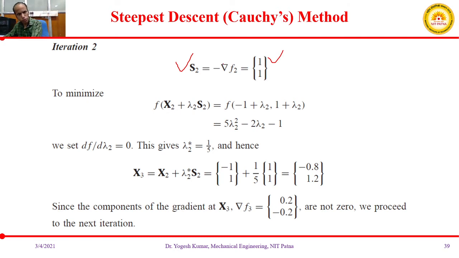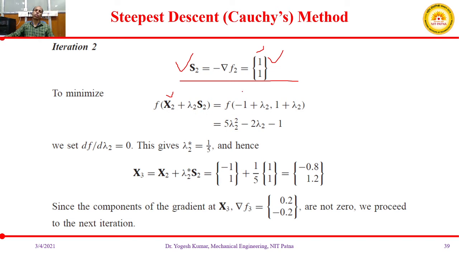Okay, again you will repeat the same process, that is you need to calculate the optimum step length, that is lambda 2, in the search direction S2. So your search direction is this, and you have the values of x2. So this will be x2 plus lambda 2 s2.